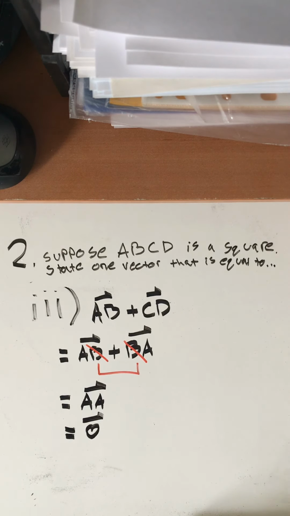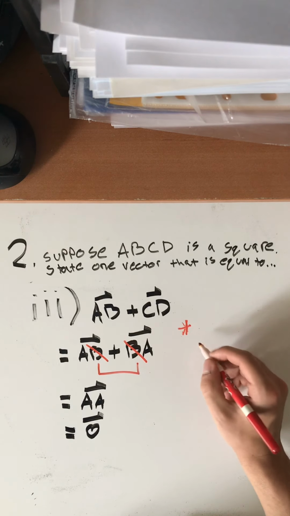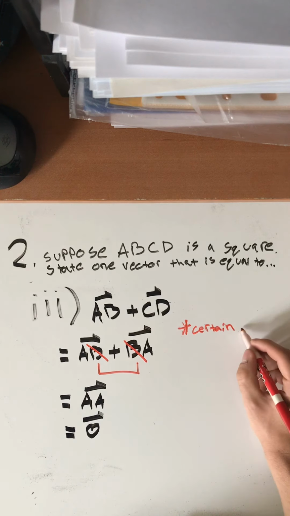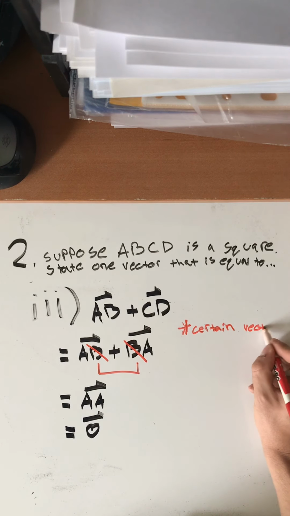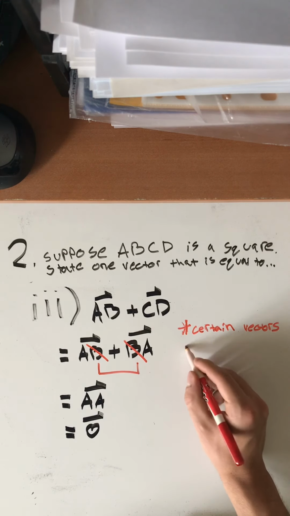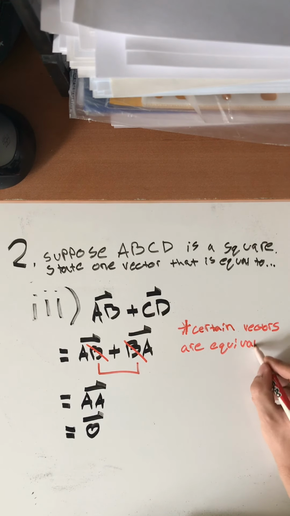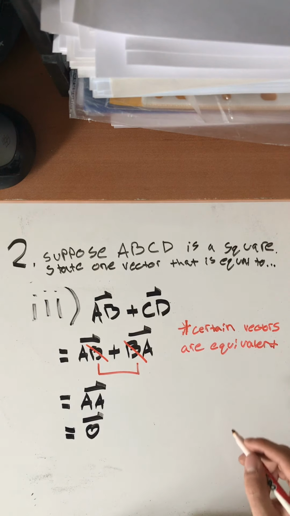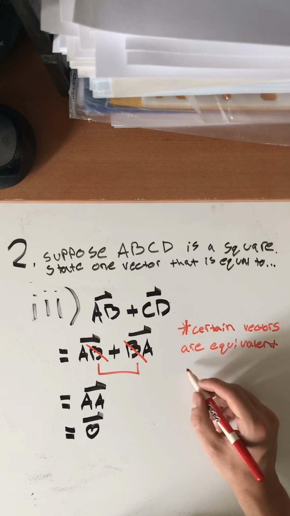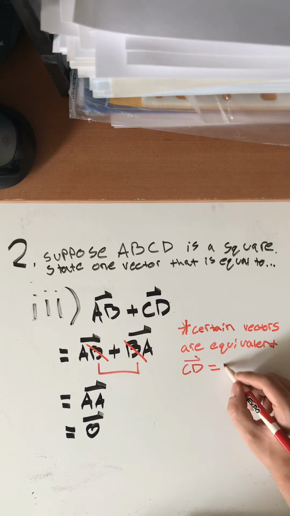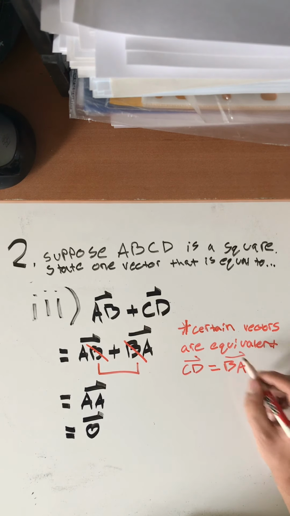So just note here, certain vectors are equivalent. So we found here that vector CD is equivalent to vector BA.